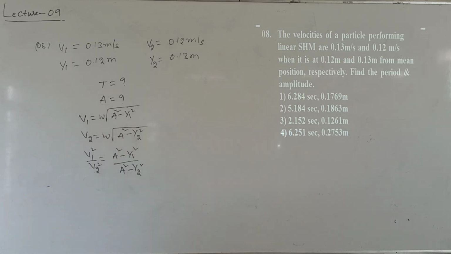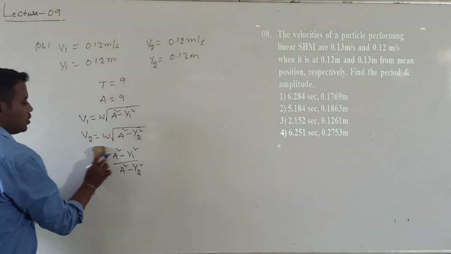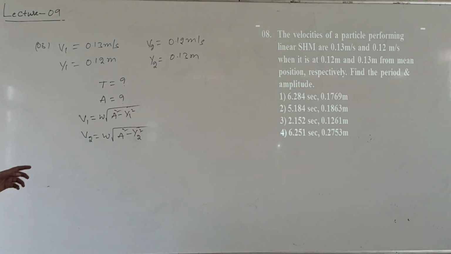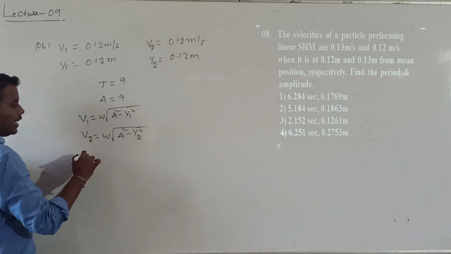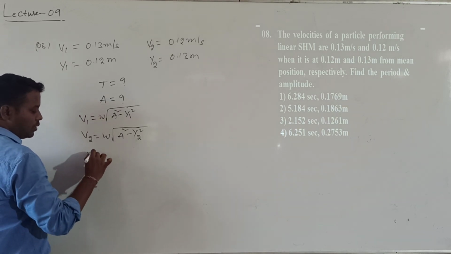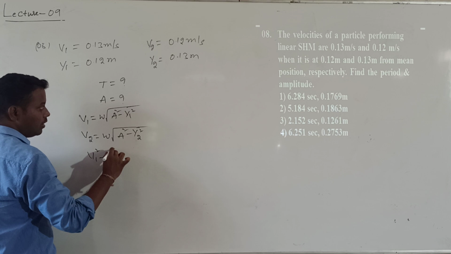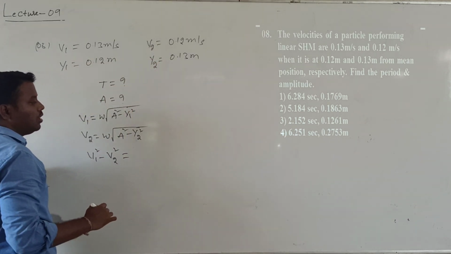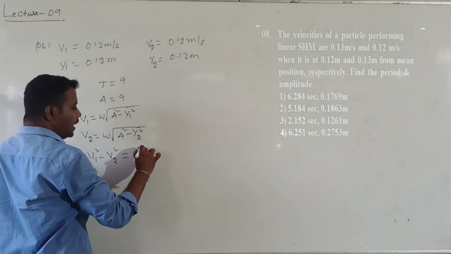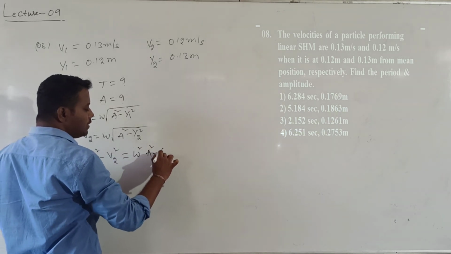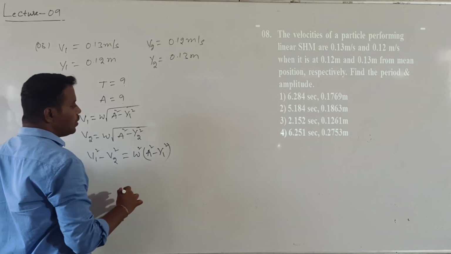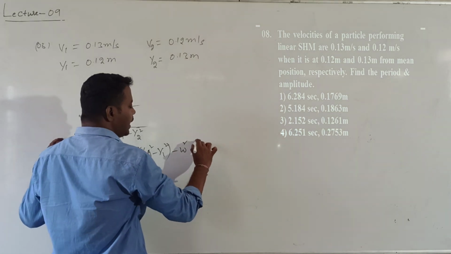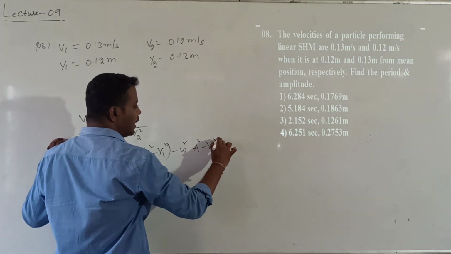First, let me calculate the time period. To calculate time period, I want omega. For calculating omega, I write v1 square minus v2 square is equal to omega square into a square minus y1 square, minus omega square into a square minus y2 square.